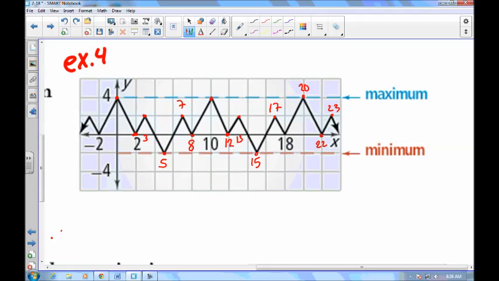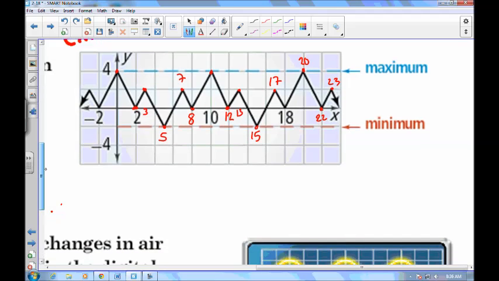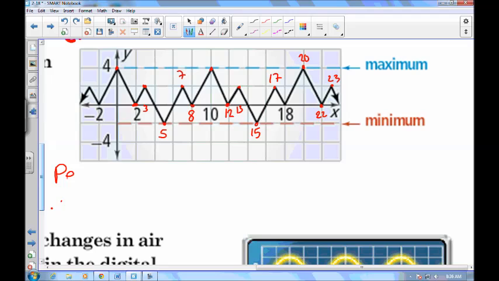Okay, hopefully you're close. Now we're going to go through and find all the different vocabulary that we've talked about. First, we're going to find the period. The period, again, is the horizontal spread from the beginning of the cycle to the end of the cycle.